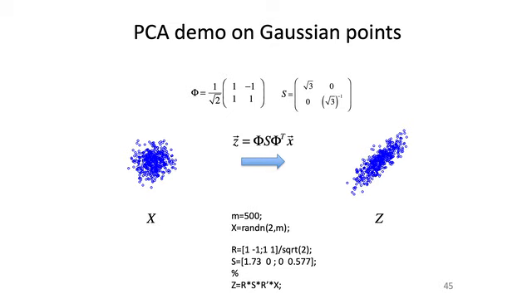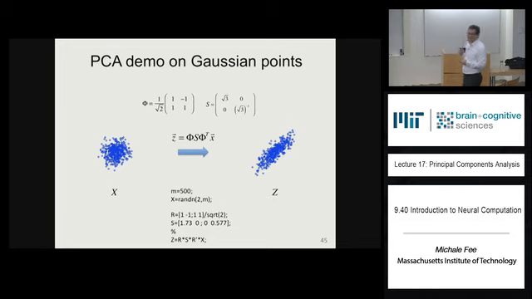So we can build this rotation matrix, this stretch matrix, and build a transformation matrix R S R transpose, multiply that by x, and that gives us this data set here.